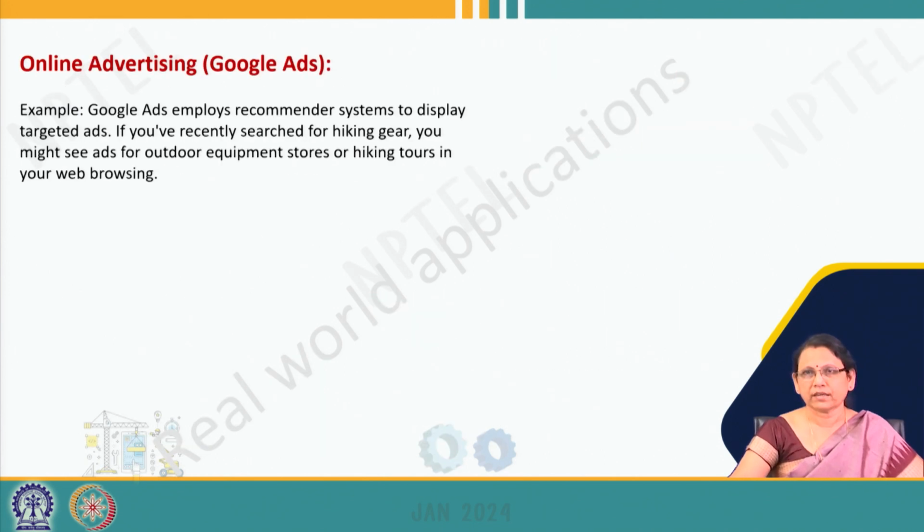Online advertisement. When you open a search engine, let us say Google, the advertisements you get are going to be entirely different from those on another person's search page. Why is it so? Because these advertisements are targeted to us based on our own activity.